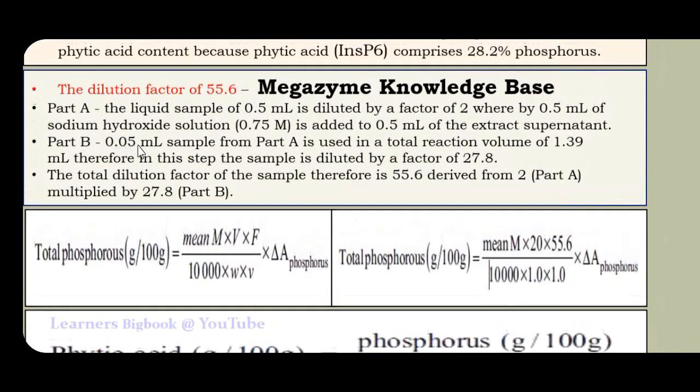So because of the addition of the 0.5 ml of the sodium hydroxide, it has become the factor of 2. Now further, out of this we have taken 0.05 ml of the sample.